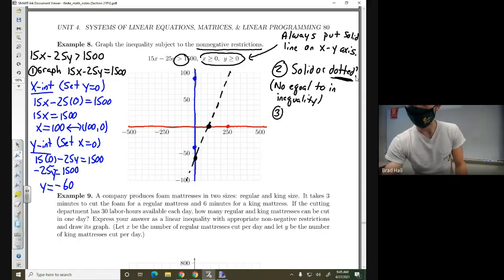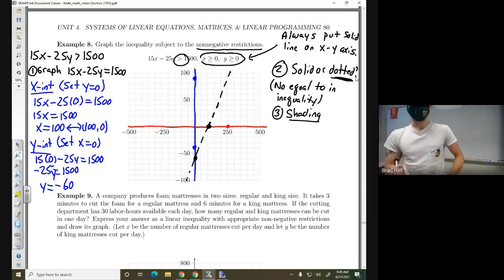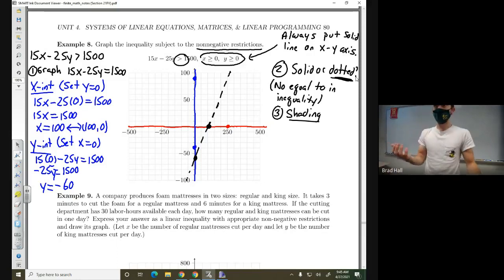Let's move on to 3, which is shading. Because with inequalities, just graphing the lines is not enough. For inequalities, you also have to shade a particular region. Now, there's 3 lines going on here, so there's a little bit more restriction than what we're used to.